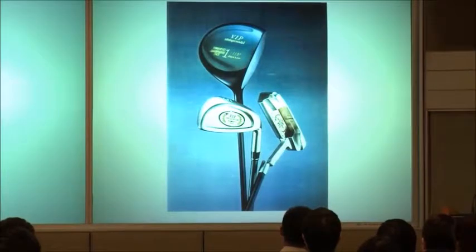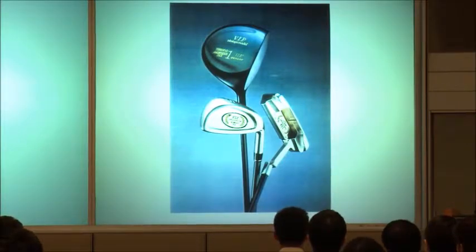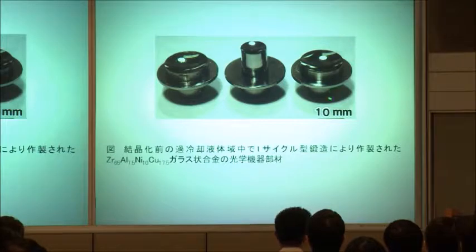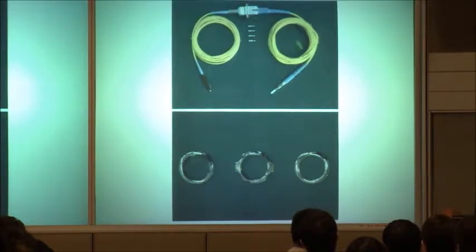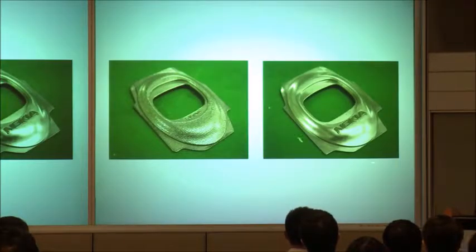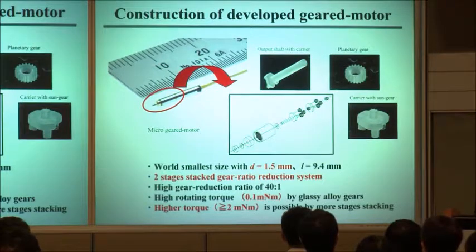The golf club driver and iron patterns were commercialized by Dunlop Corporation in Japan, glassy alloy mirrors were developed by Canon Corporation, and connecting parts like ferrules for optical fibers were commercialized by YKK Corporation. This is a casing, but we didn't obtain real applications for this material, just testing. But this one is really commercial.